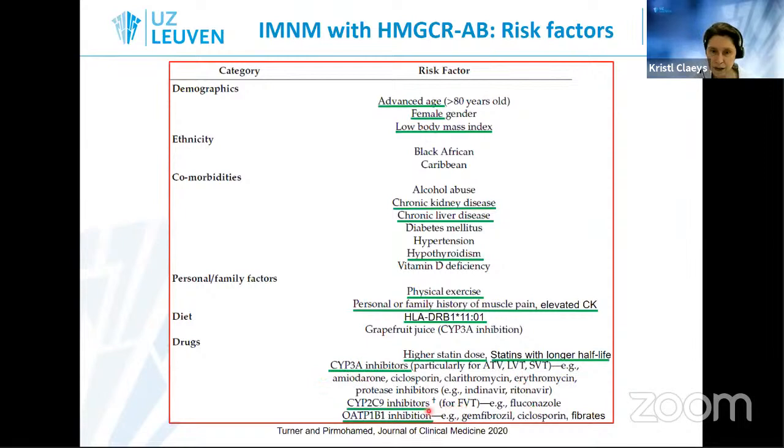For fluvastatin, it could be an interference with inhibitors of the CYP2C9. And also important as a risk factor could be the fibrates, cyclosporin, so medication that inhibit the OATP1B1.